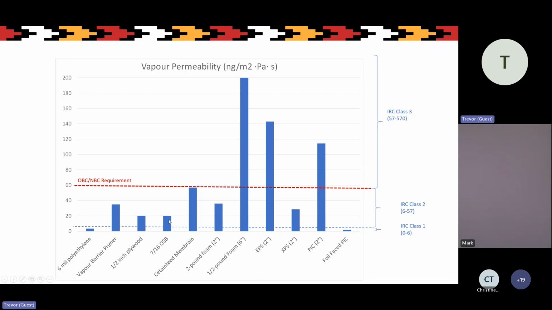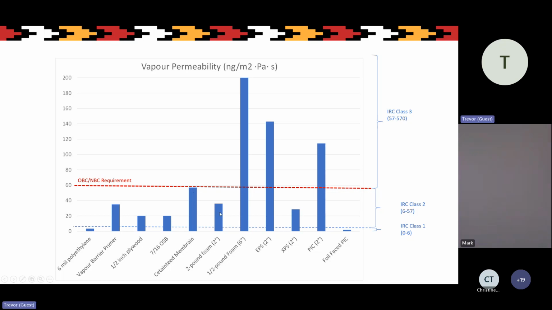They have vapor permeances significantly below this requirement. Here's a specialized product called Certainteed Membrane, which is a smart vapor barrier, which has different vapor permeance characteristics at different RH values. But I think this is the dry cup value here, which is just below. You can tell it's been kind of engineered to land right below this requirement.